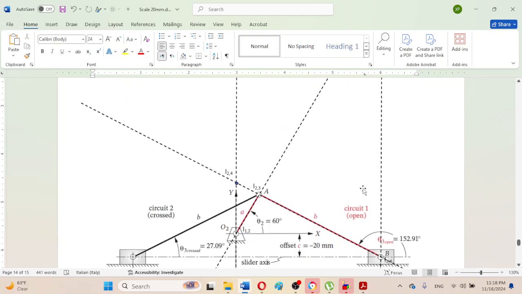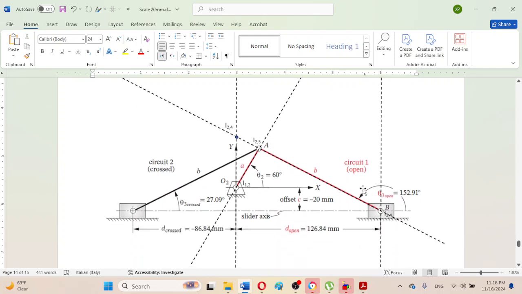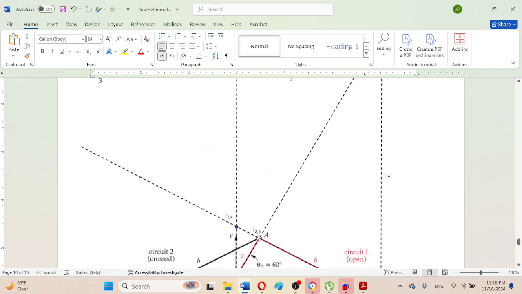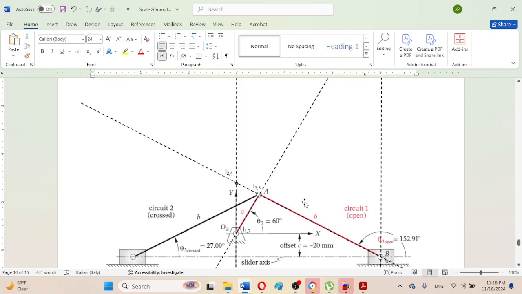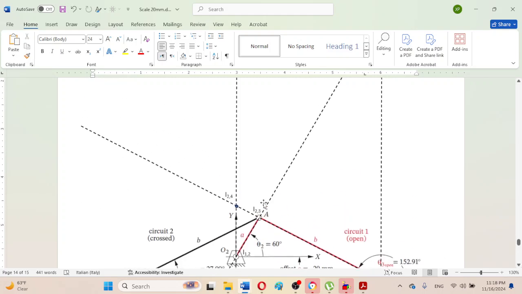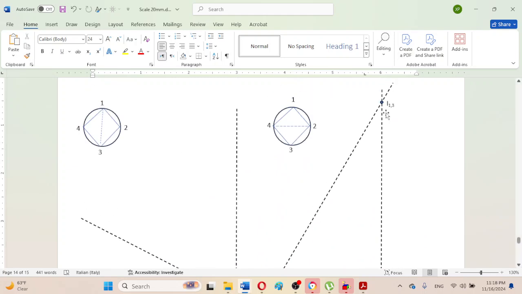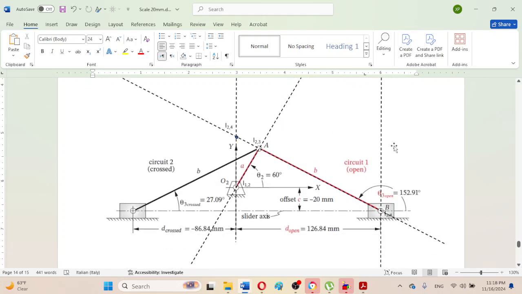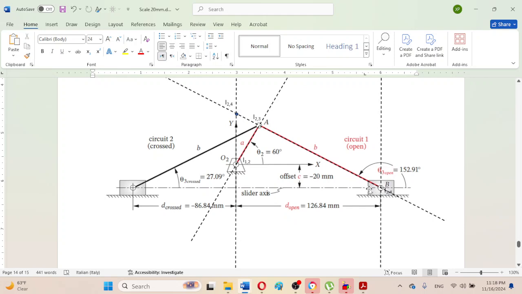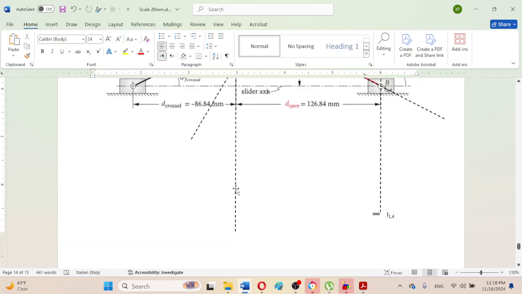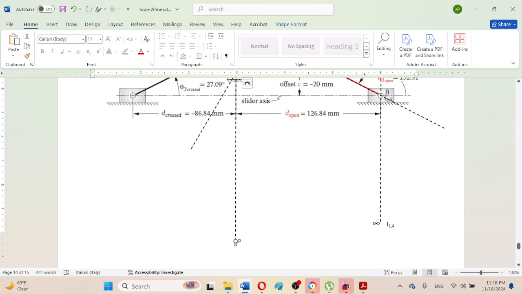So now the task is that we will be determining or solving the triangle A I1 comma 3 B, because that triangle actually consists of this connecting rod, or the link in complex motion.